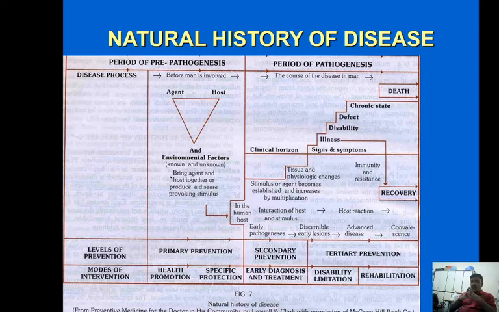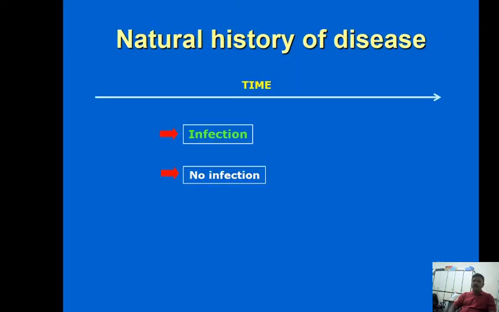When you look at the modes of intervention, for primary prevention it is mostly health promotion and specific protection. For secondary prevention it is early diagnosis and treatment. For tertiary prevention it is disability limitation and rehabilitation. So if you remember this particular picture, you can understand the complete natural history of the disease, the levels of prevention, and the modes of intervention.